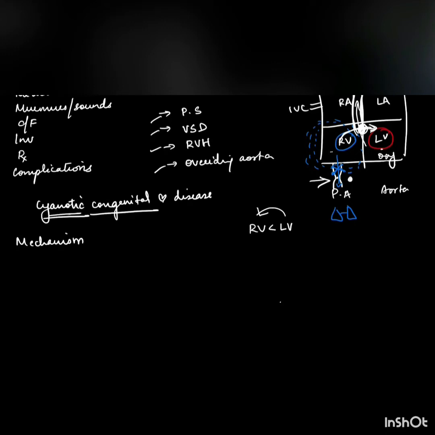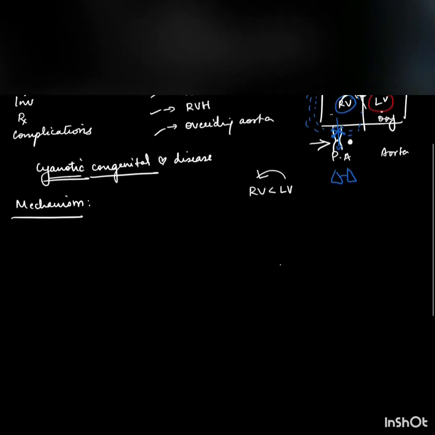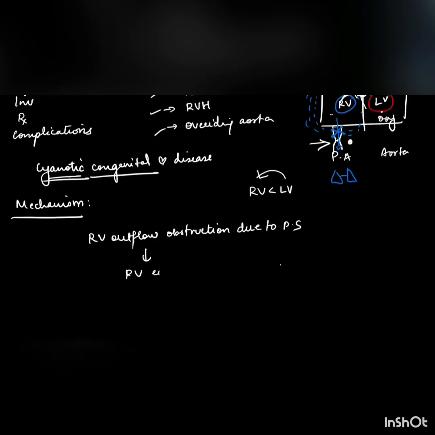So the first part of the mechanism is that there is a right ventricular outflow obstruction, and this is, like we said, because of the pulmonary stenosis, and this leads to right ventricular enlargement and hypertrophy.